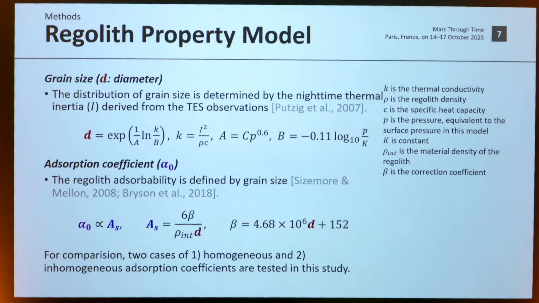Then, in the regolith property model, we have 2 main regolith properties which affect the adsorbed water distribution. One is grain size. The distribution of grain size is determined by the nighttime thermal inertia derived from the thermal emission spectrometer observations. Here the equation is like that. And the second one is the adsorption coefficient.